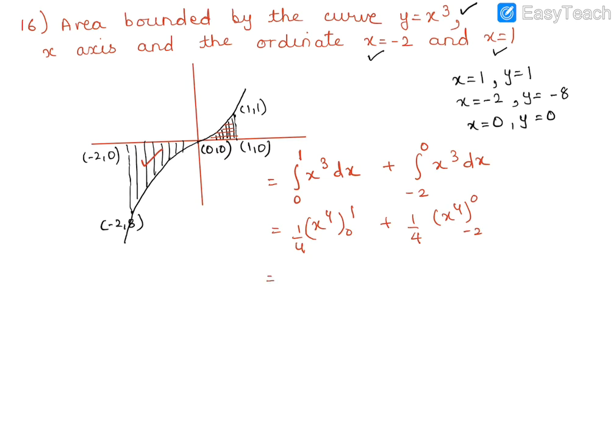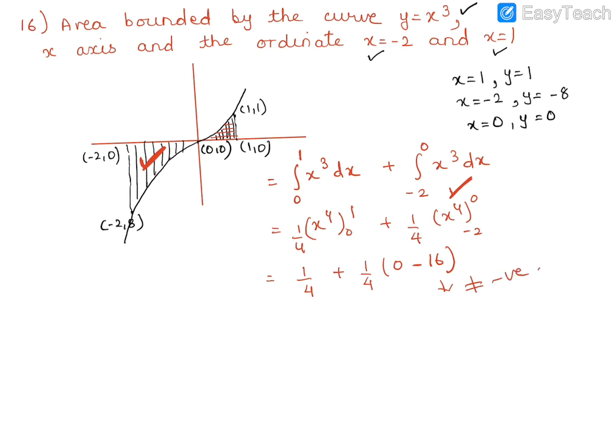So I will get here a 1 by 4, 1 minus 0 plus 1 by 4, and this is 0 and minus 2 to the power 4 is 16. What is important is I'm finding out this area, this second one, this is area. So therefore this area cannot be negative, area is always positive.